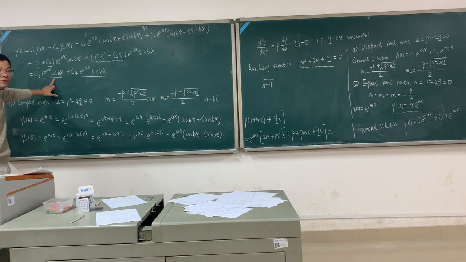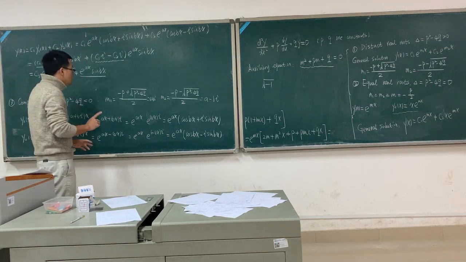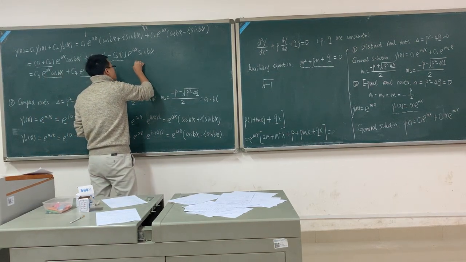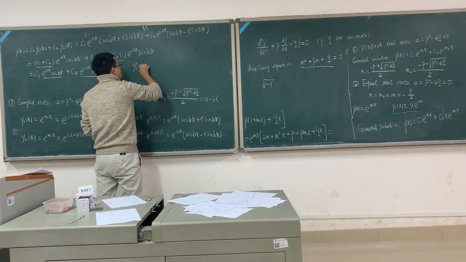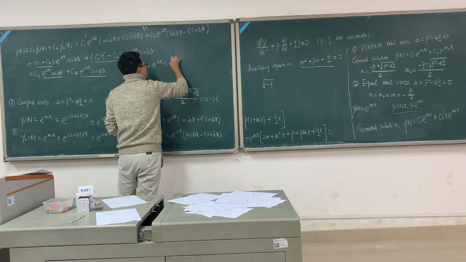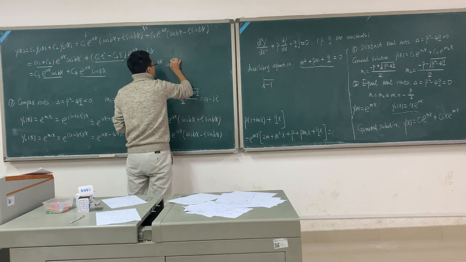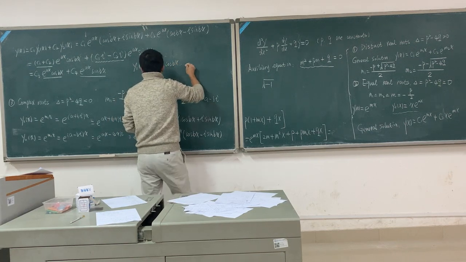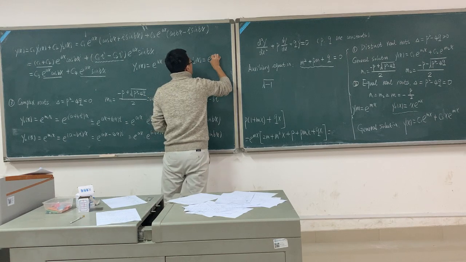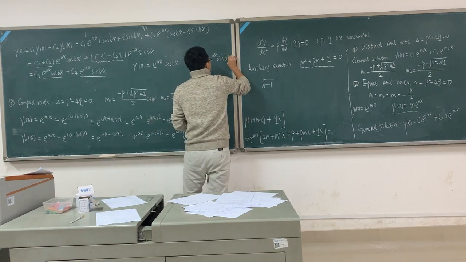This is the first solution, this is the second solution. So for this case, you need to remember y1(x) is equal to e^(ax) cosine bx, and the second, y2(x), is e^(ax) sin bx.